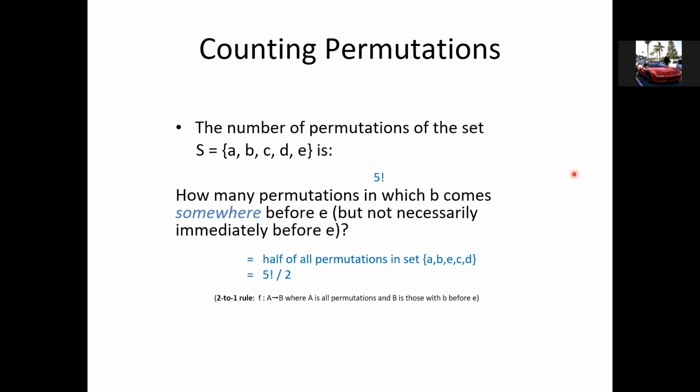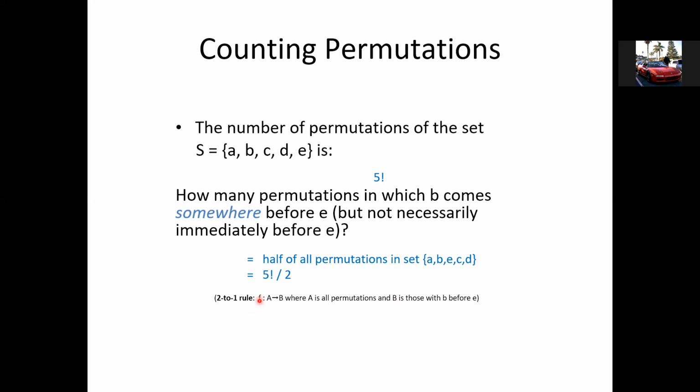The explanation I have here is actually casting it as a 2-to-1 rule. I explained it as: I take all permutations and take out only the B first ones. And what is the 2-to-1 function that maps any permutation to that one? It's a function that looks at the permutation, identifies B and E, and if they are in the correct order, it leaves them, and if E is first, then it flips them.